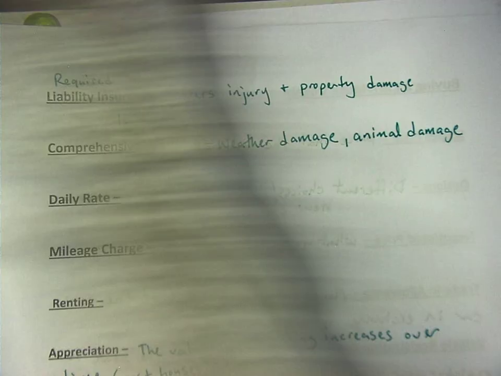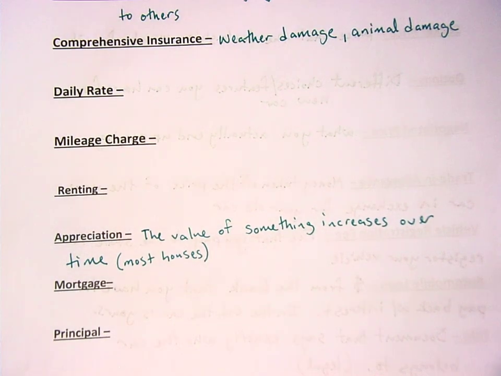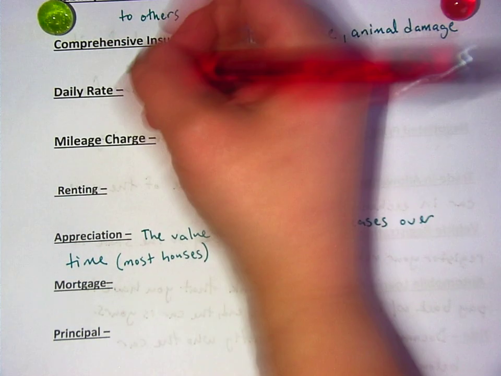We need to go back and do a few definitions from the past. The first definition I want to take care of is daily rate. This is back with renting a car.